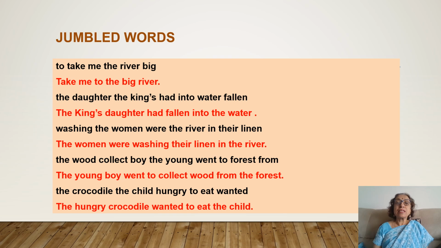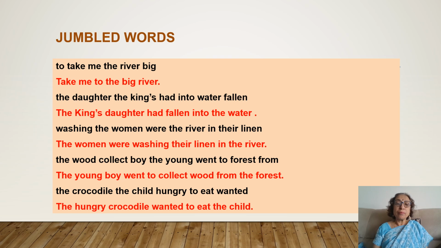Now, given this jumble, you have to make the correct sentence from it. So you say, take me to the big river. You have to arrange it like that. Now, in this slide, I have shown you the jumble and the answers. The next slide will be your test. So please look at this slide very carefully.